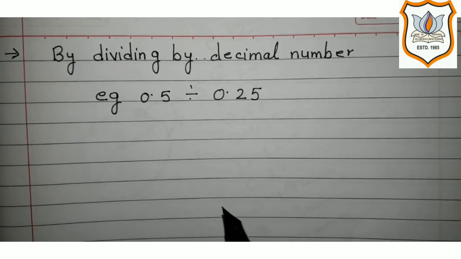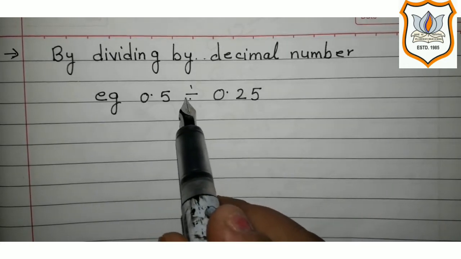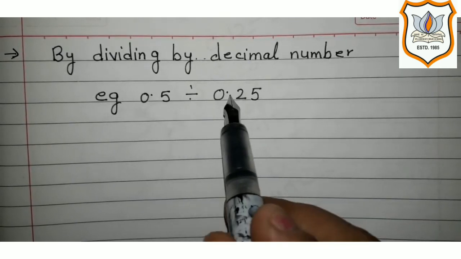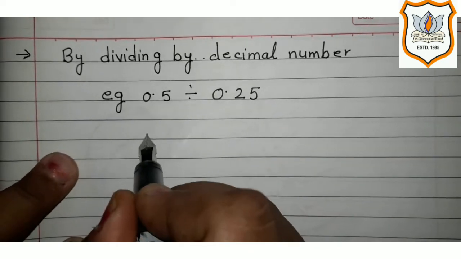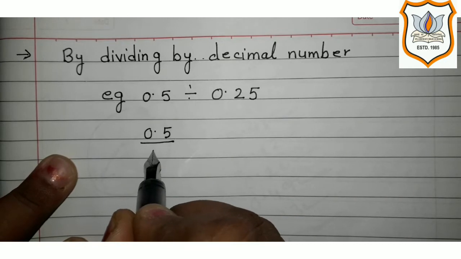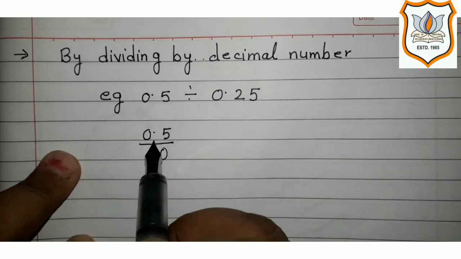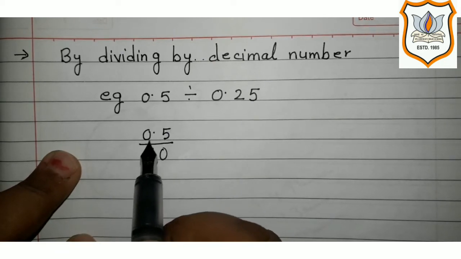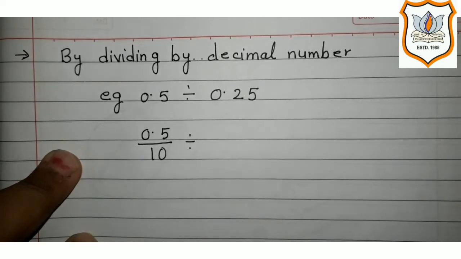Now our next topic is dividing a decimal number by a decimal number, or we can say dividing a decimal fraction by a decimal fraction. The example is 0.5 divided by 0.25. Both are decimal fractions. First we will remove the decimal of 0.5 and I will put 10 as a denominator because there is one digit after the decimal. Now the divide sign will come.